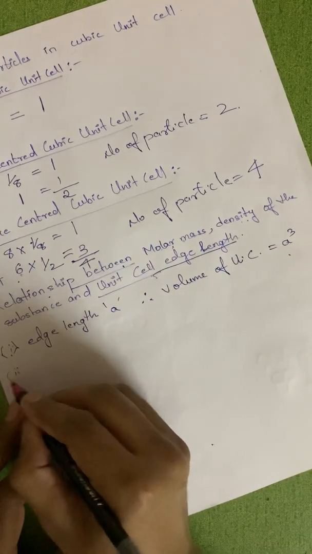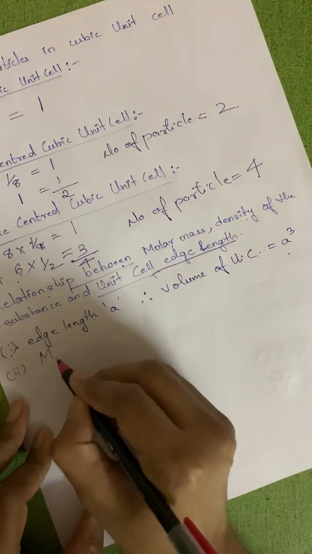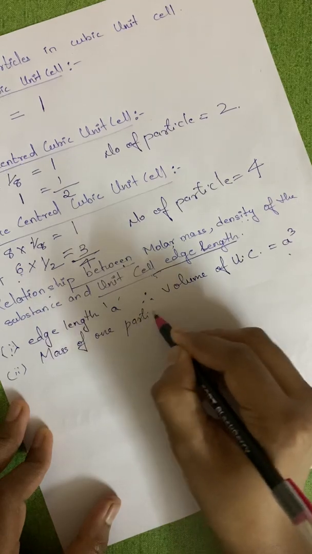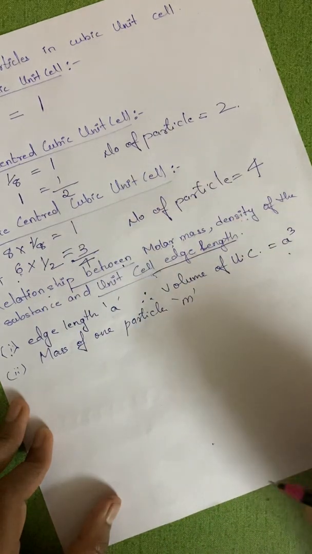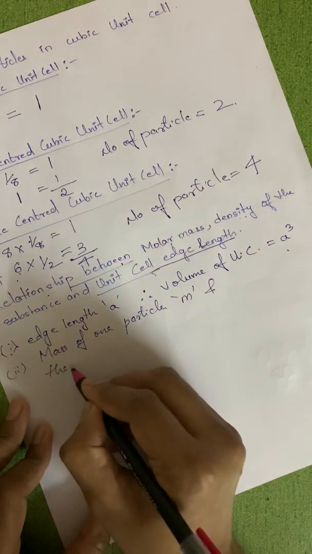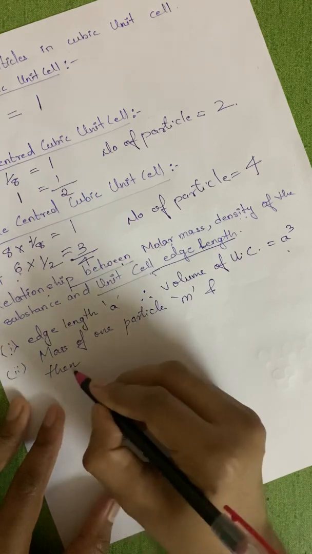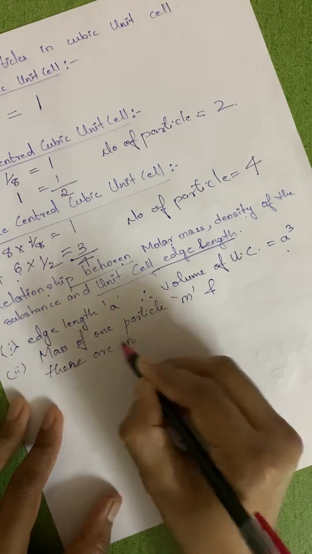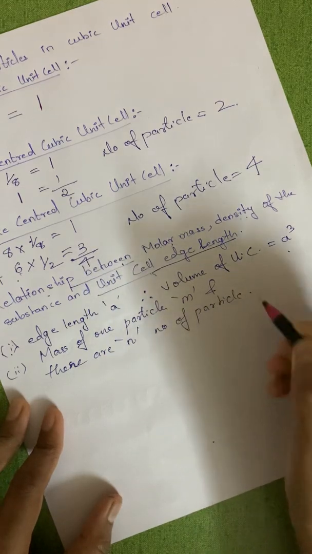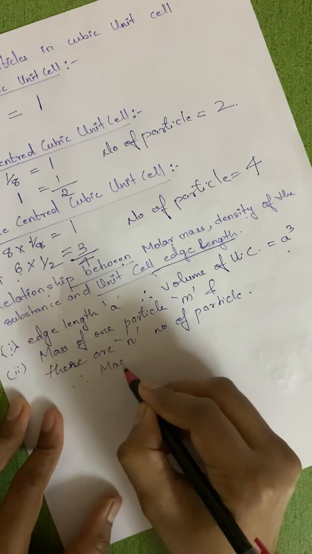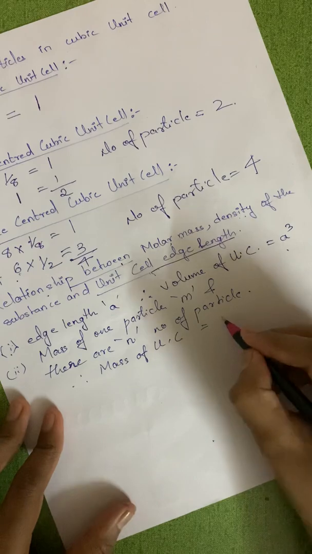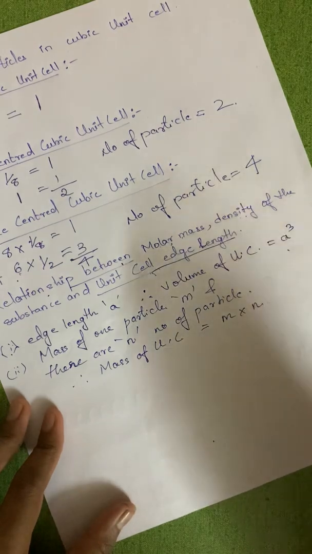Next we should understand what the mass is. If we say that the mass of one particle is given as m, and there are n number of particles, then we can say that the mass of the unit cell is equal to m into n.